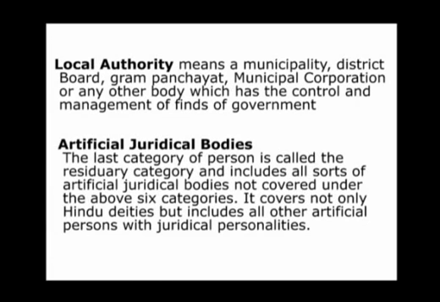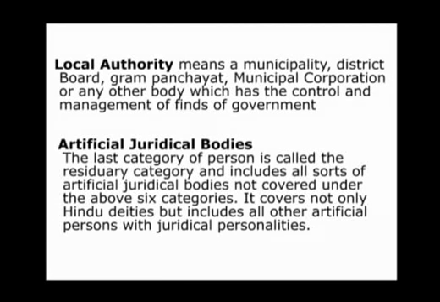We have 6 categories of persons, and this is the last category, that's why it's called the residual category. It covers not only Hindu deities but includes all other artificial persons with juridical personalities. It means they may include universities, for example Delhi University or Punjab University. They will come under artificial juridical bodies.